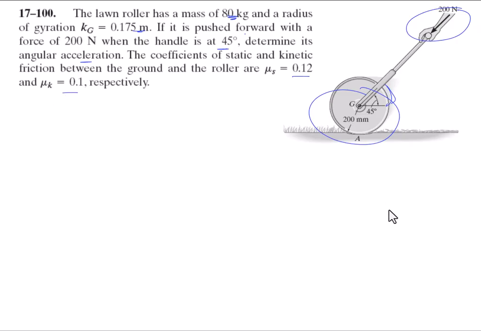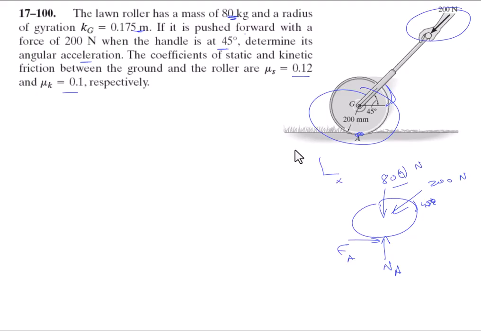So the forces are 80 kilograms times g, so 80 times 9.81 Newton, and you have a force of 200 Newton in this direction with an angle of 45 degrees, and a normal through A and a friction force through A as well. So summation of forces, we'll do this is X and this is Y, and we'll say that this is the acceleration.